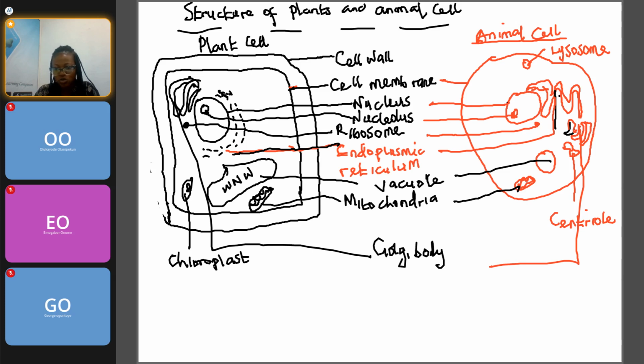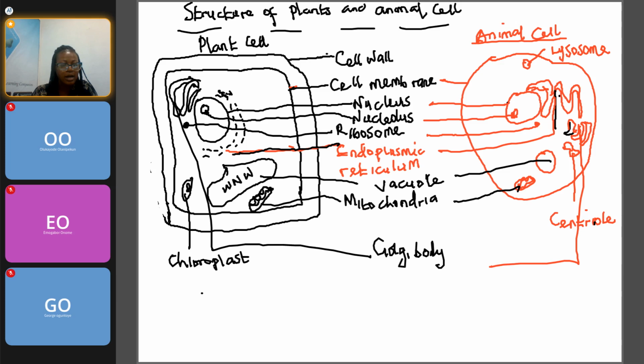We have the lysosome and the centriole. And in the plant cell, we have the chloroplast and the cell wall that are not present in animal cell. From this diagram, you should be able to denote the differences and similarities between plant cells and animal cell.